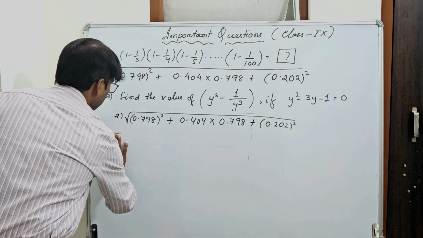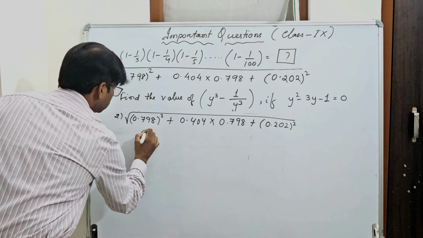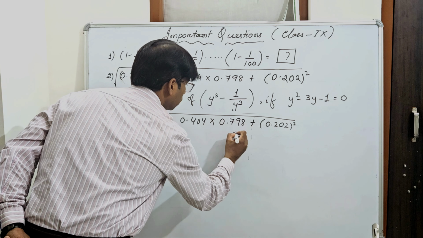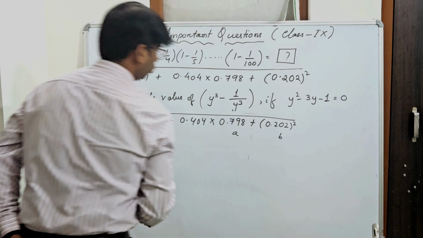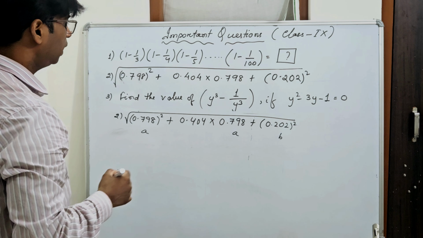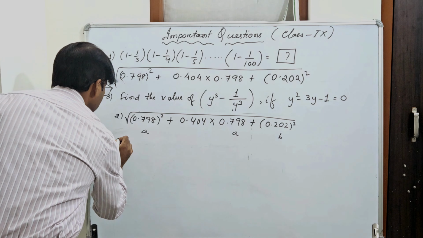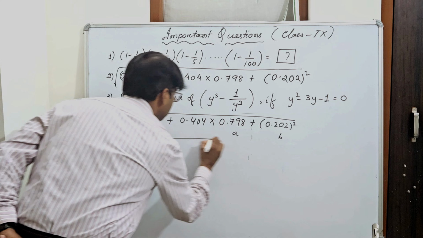If you consider this as A, and this as B, we will get a pattern, or we will relate it to some identity. Let us see in the next step.